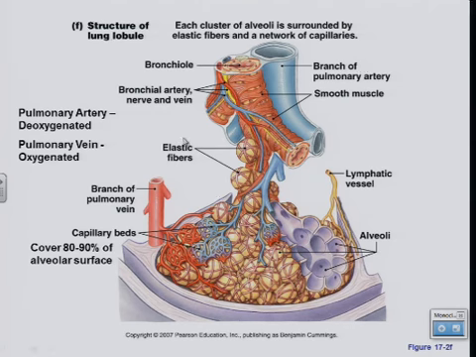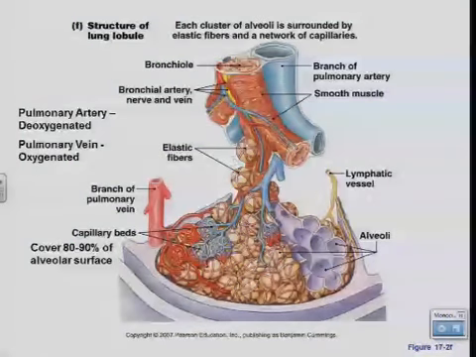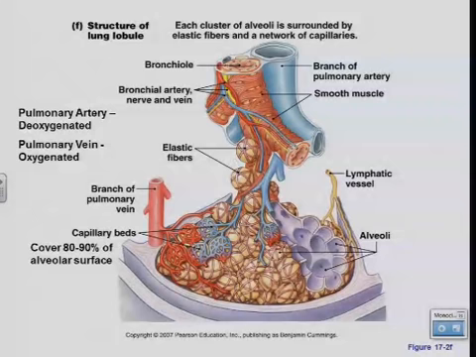We talked about the elastic fibers associated with the interstitium, that space between the alveolar surface and the vasculature. These elastic fibers, and as well there's collagen fibers, are very critical for elastic recoil of the lung. So we need these elastic fibers for normal expiration.